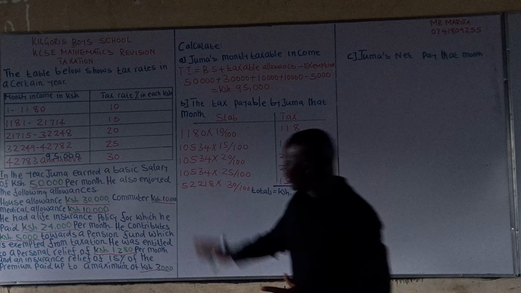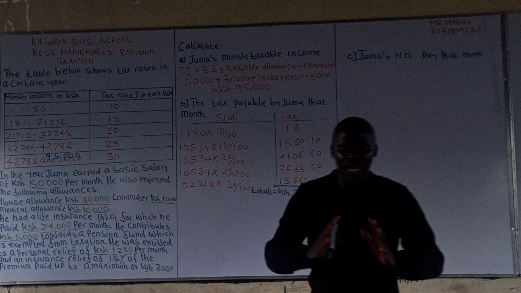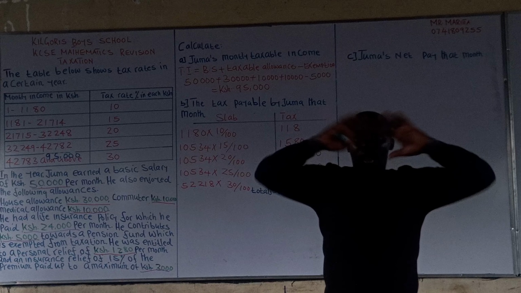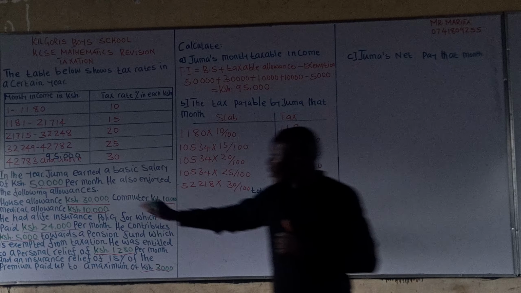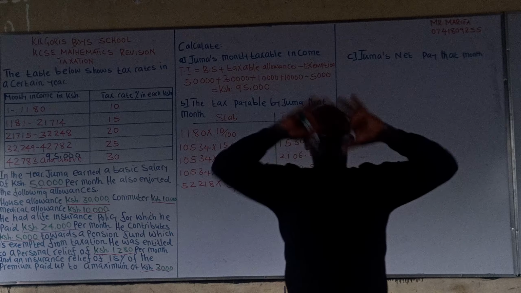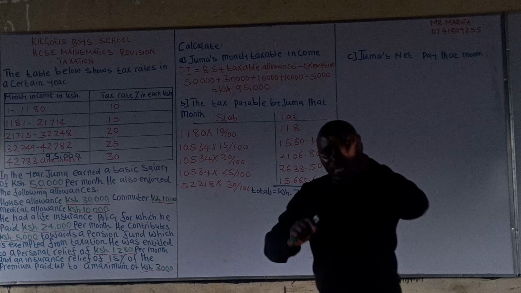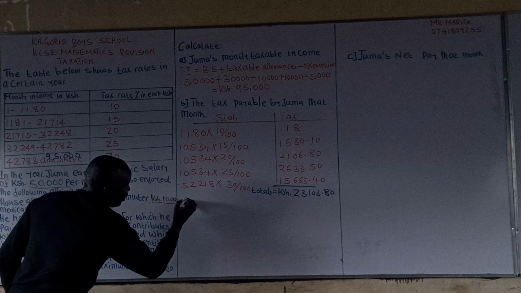One is a personal relief, which is equivalent to 1,280 shillings. Then we have another relief, the life insurance policy, for which 24,000 is paid. On this 24,000, he is given a relief of 15%. So we need to get a relief of 15% on the insurance policy.